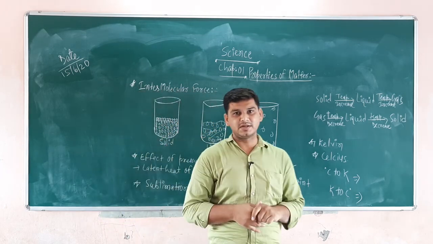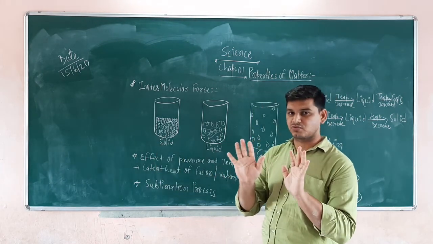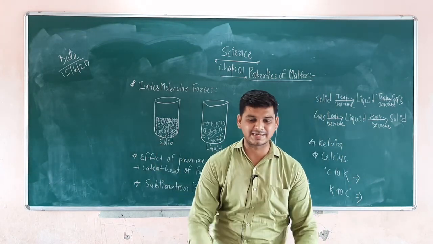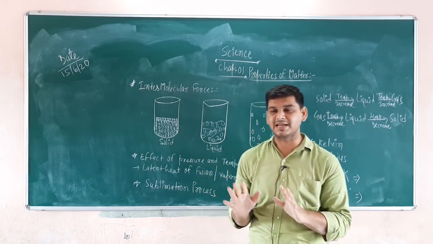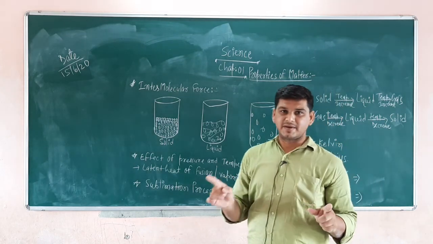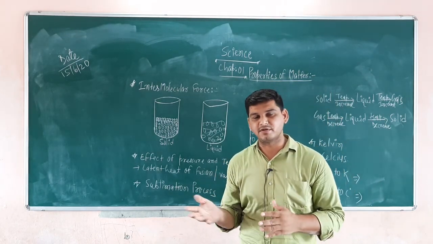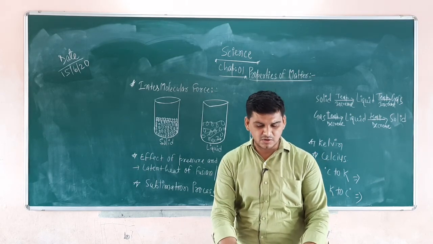A simple example: when we apply force to any object, like through my hand I apply force to move this dash, that is the force of the particles of my muscle. Similarly, the force that exists between the particles of matter, in solid, liquid or gases, is called the intermolecular force.